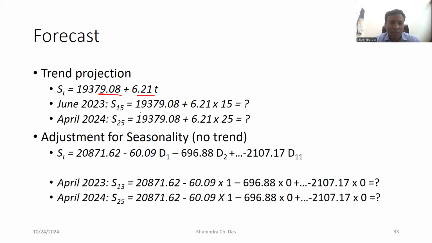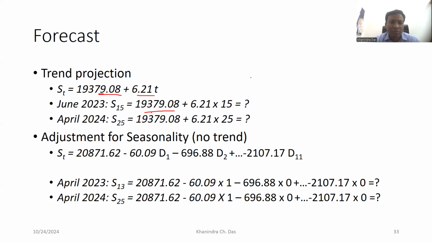So given these estimates, if you have to forecast, say, for the month of June 2023, that will be simply 19379 plus 6.2 multiplied by 15, because June 2023 in the data series is the 15th month.